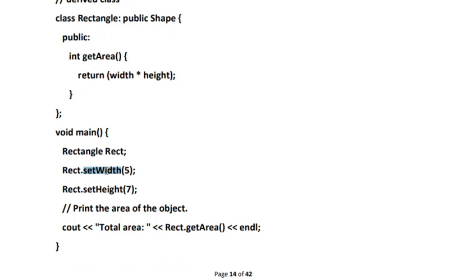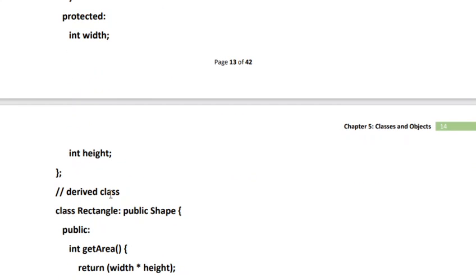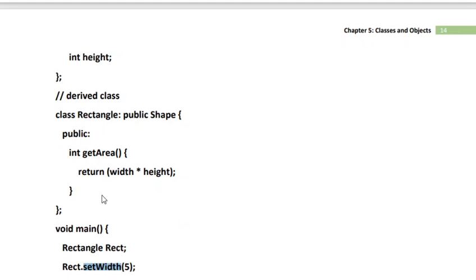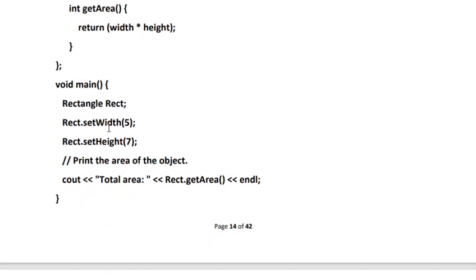Set width is the function that is there in the base class, because the derived class derives the properties of the base class as well. Set width and set height are the two properties derived from the base class. Since it is publicly deriving, it derives the properties of the base class, so it can make use of them.